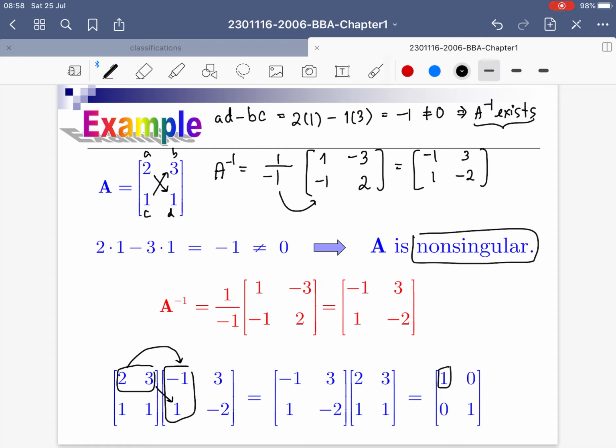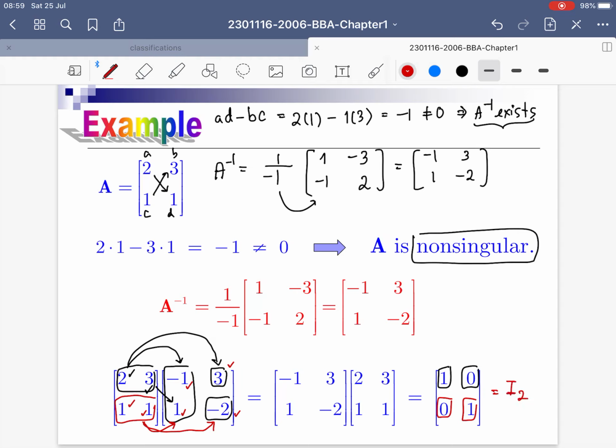If you multiply with your second column, you get 6 from 2 and 3, and then 3 and negative 2 gives negative 6, so together you have 0. For your second row and first column, you have 1 and negative 1, which is negative 1, and 1 and 1, so negative 1 plus 1 gives 0. And the last one, in the second column, you have 3 minus 2, so another 1 here, which is your I2.